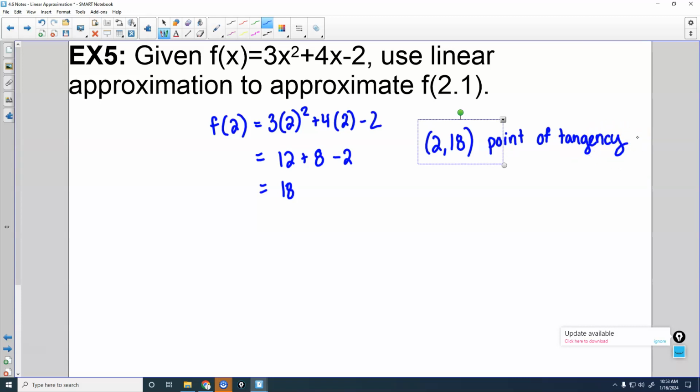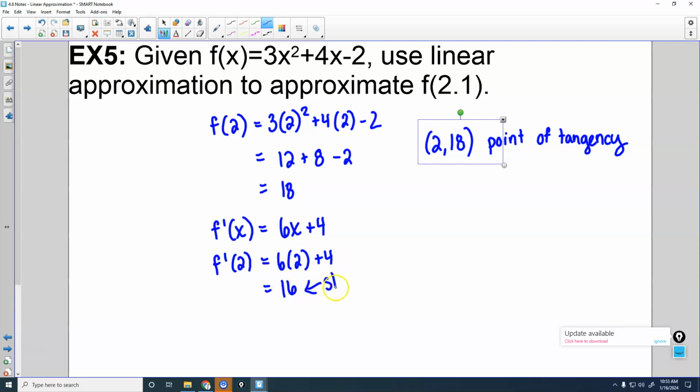Okay, now that we've got our point, we need to look at derivatives so we can get our slope. So this is a pretty easy derivative here. Avery, what are we going to get for that derivative? Perfect. And then we'll need to plug in to get the slope: 6 times 2 plus 4, which is going to be 12 plus 4, which will give us 16.